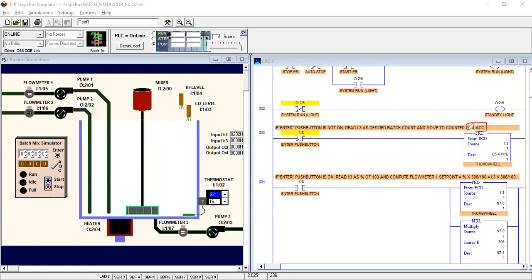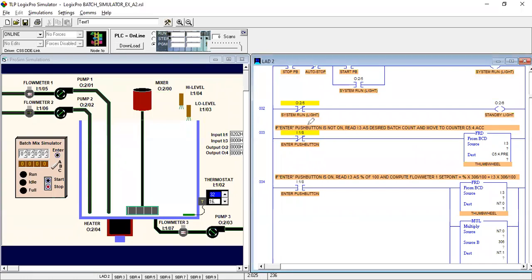What is the ACC? ACC is the accumulated value, which relates to our counters. We have already discussed counters, timers, and all types of parameters and bits. I hope you remember all the previous things.